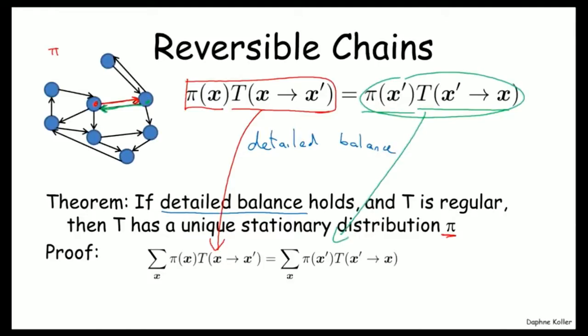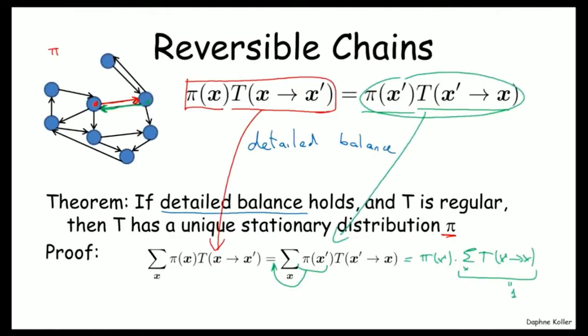And now we notice, by looking at the right-hand side, that pi of x prime doesn't depend on the variable x, and so we can move pi of x prime out of the summation. And so this can now be rewritten as pi of x prime times sum over x of T of x prime to x. Okay? And this summation over here, because T is a probability distribution over the edges that are outgoing from x prime, is necessarily equal to 1.